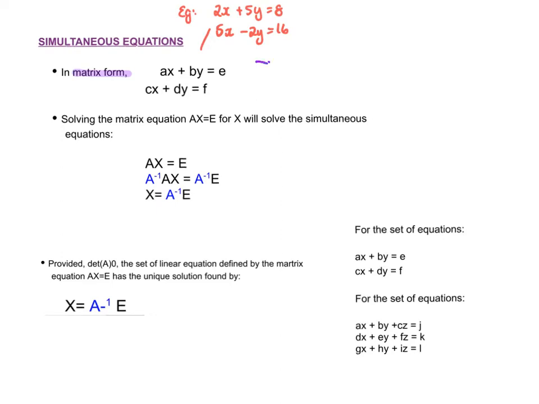What you do is you put the numbers that are in front of the letters in a matrix like that. So this is all the numbers in front of x, and this will be the numbers in front of y. So if I do my example up here, it would be 2, 5, 5, negative 2. Can you see that? I'm putting all the numbers there.